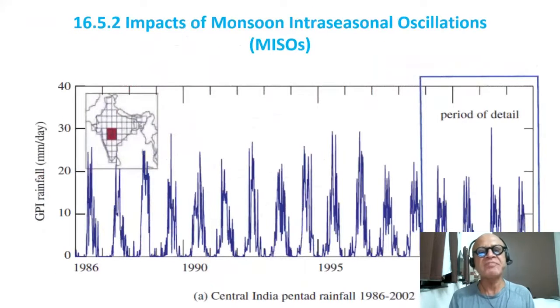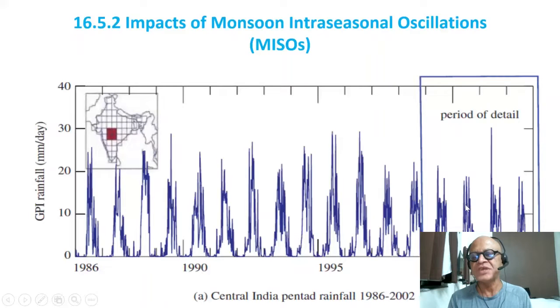The main thing about MISOs is that the monsoon, if you look on the subcontinent, is made up of these kinds of seasonal variabilities. This is showing multiple years, and we'll look at details of these few years. But you can see that there is an interannual variability here with some high frequency variability within each season.